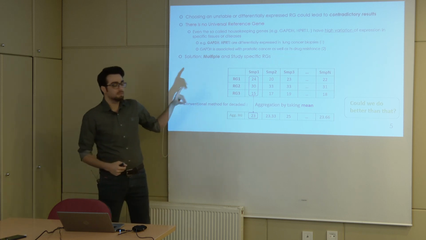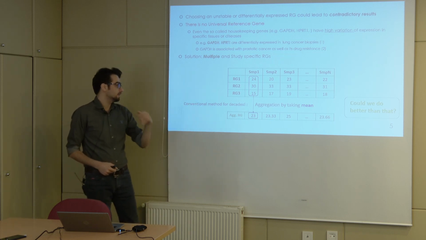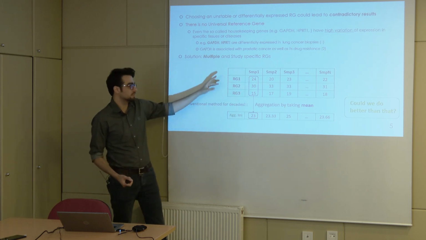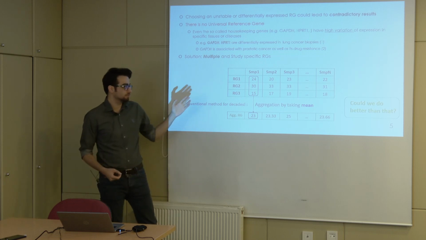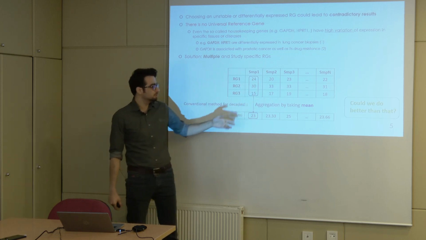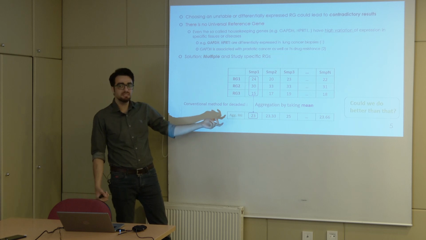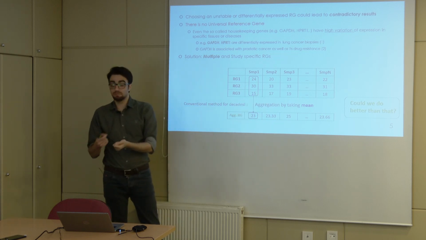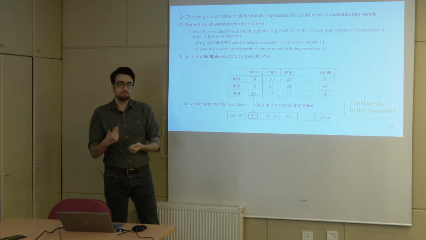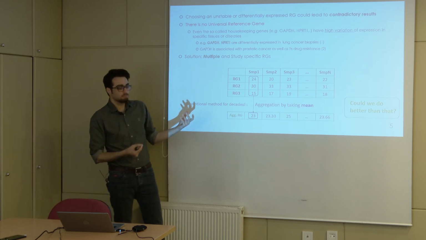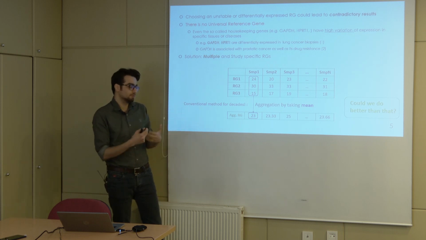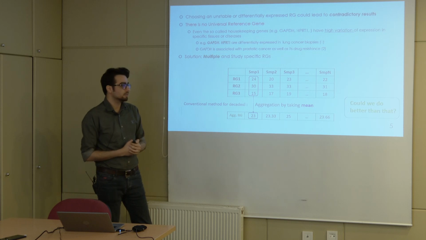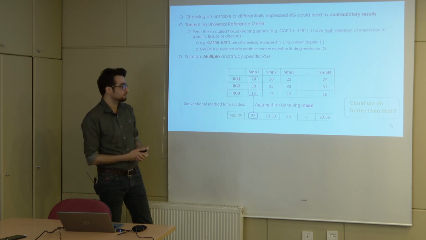So when we are using multiple reference genes, the conventional method is just to take the average. For example, there are 3 reference genes here in n samples, and they just take the average of the CT values, and you have an aggregated reference gene that you can simply use as a single artificial or virtual reference gene, like the method I explained, the delta-delta CT method.